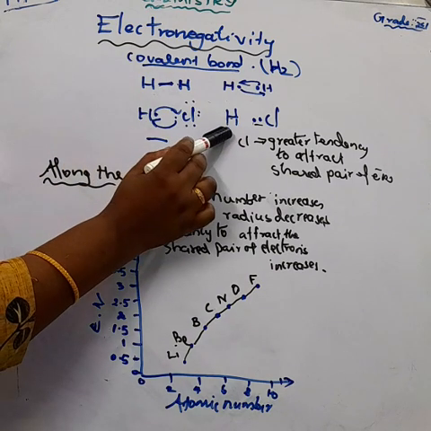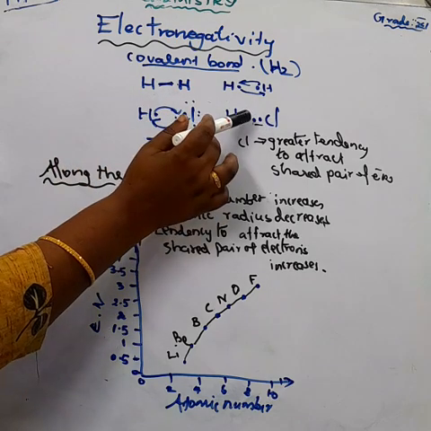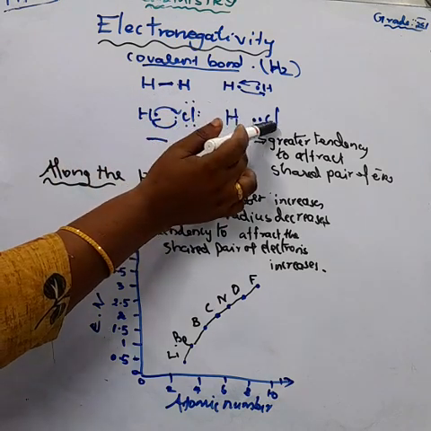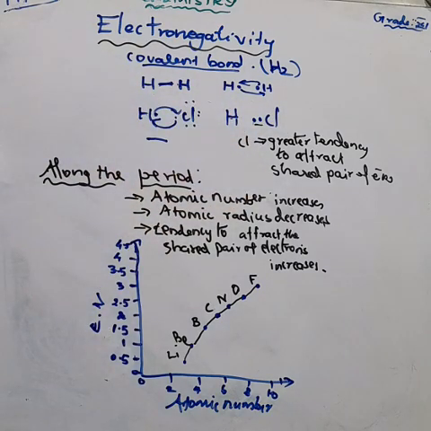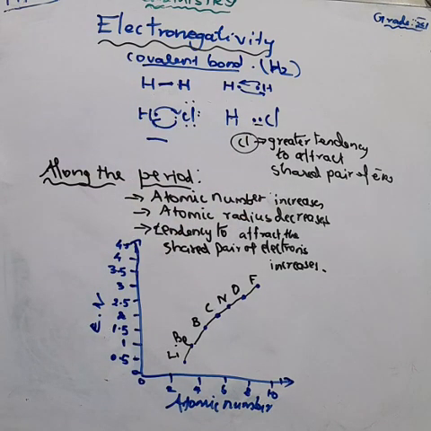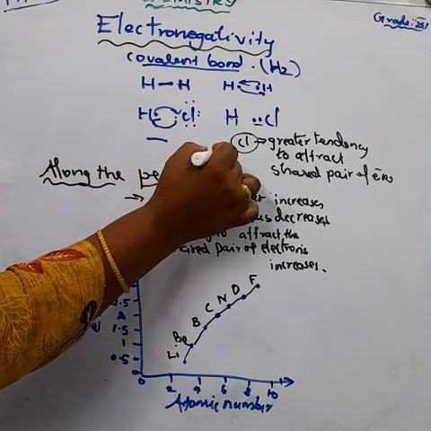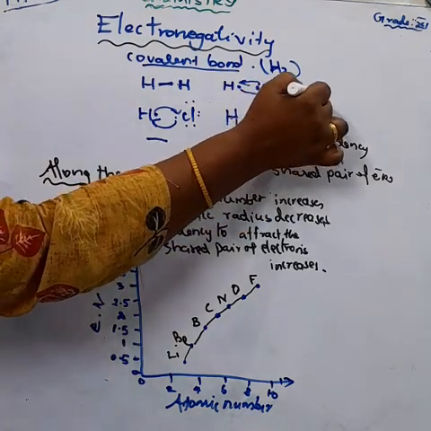So the chlorine atom attracts this shared pair of electrons towards itself, forming the chloride ion, and the hydrogen atom forms the H plus ion. In this molecule, chlorine is one of the most electronegative atoms.